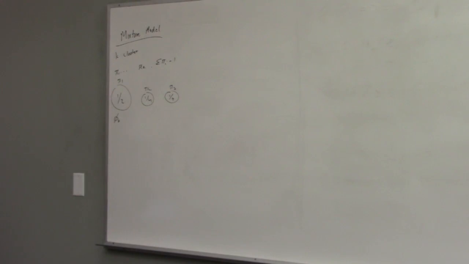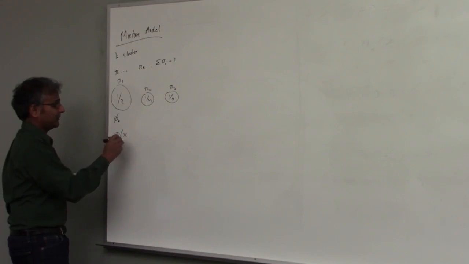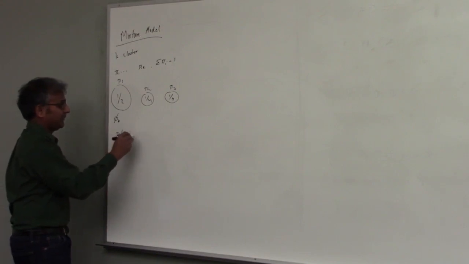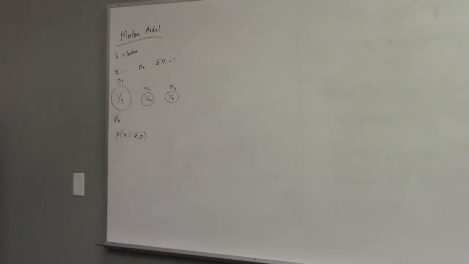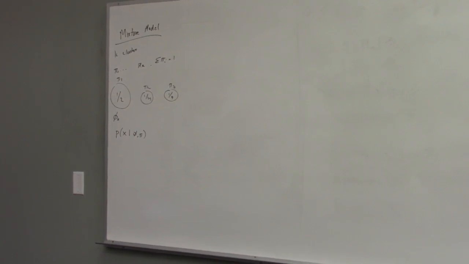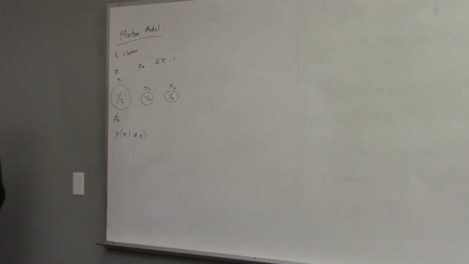And so we said that the probability of seeing a particular point, given phi and pi, was to be viewed in the following way: you first choose which cluster you're going to be in, and once you do that, you now use the distribution associated with that cluster to decide what your point is going to be.